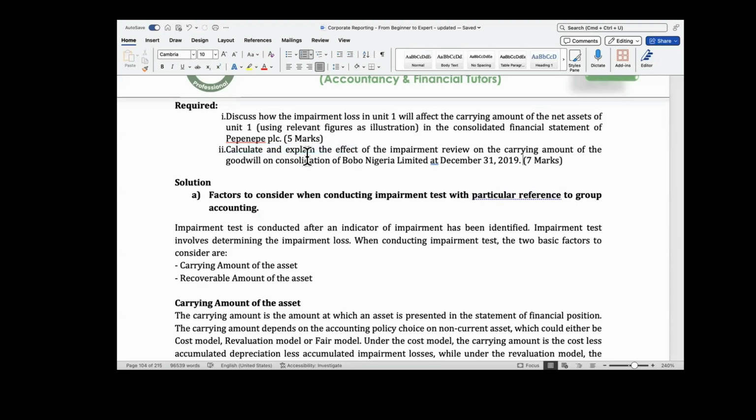So how do you attend to this? This one means that we need to determine the impairment loss on the entire business, and also allocate the impairment loss across the entire business.